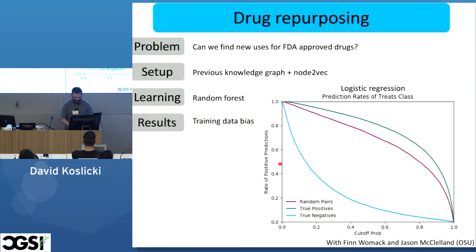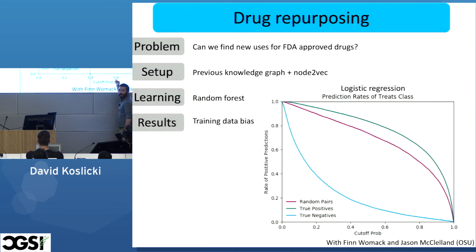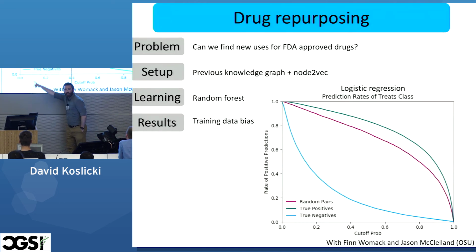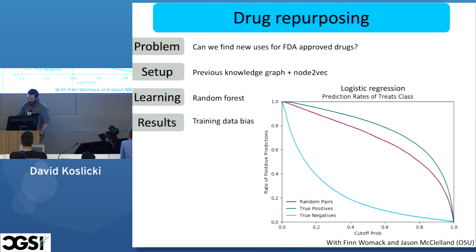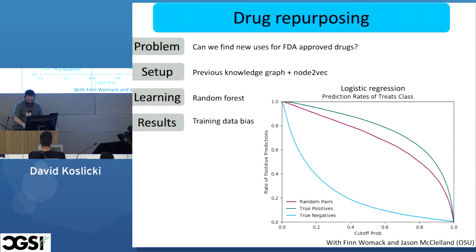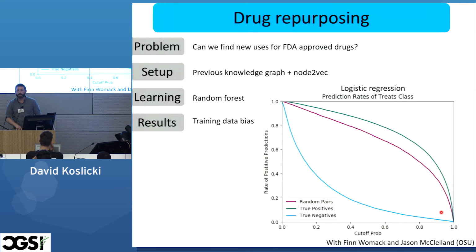Then we look at the fraction of positive predictions, and here we get a graph that looks like this. What does this mean? The blue are my true negatives. I want this graph to decay really quickly, because that means I'm effectively learning that these are true negative cases. This green one up here is my true positives. I want this to be all the way up over here, because that means I'm effectively learning that these are true examples.